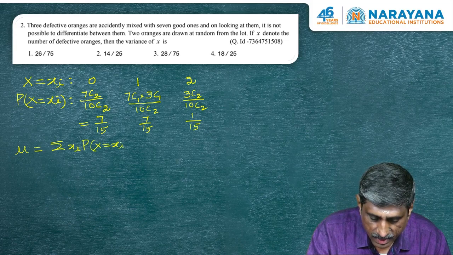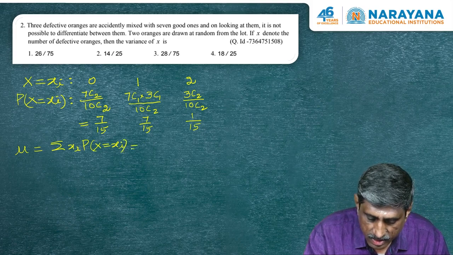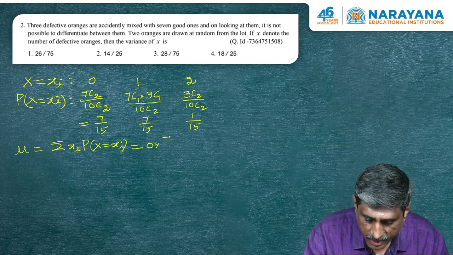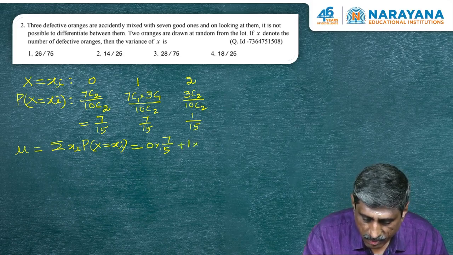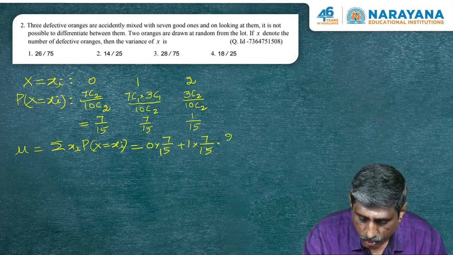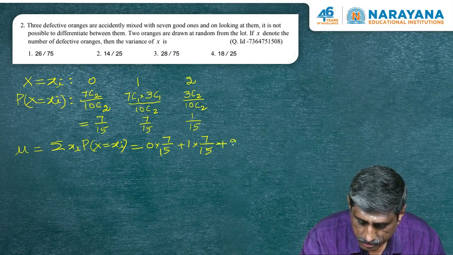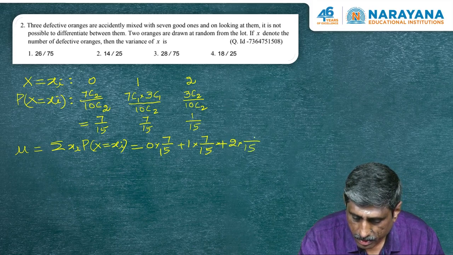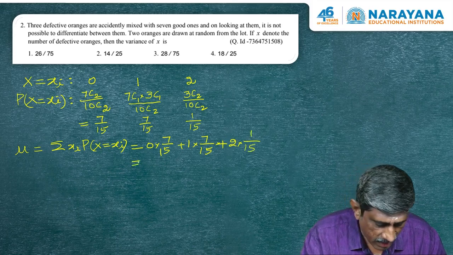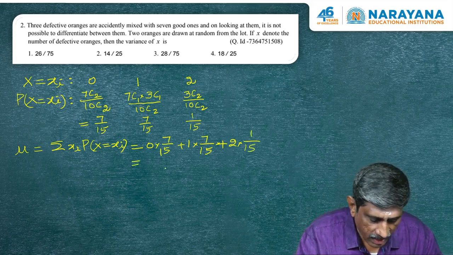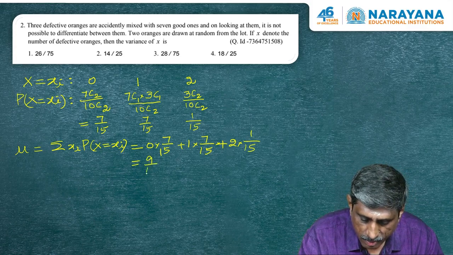So, when we simplify this, 0 into 7 by 15 plus 1 into 7 by 15 plus 2 into 1 by 15. On simplification, we are getting the mean mu as 9 by 15.